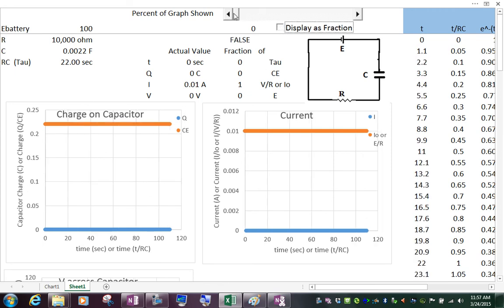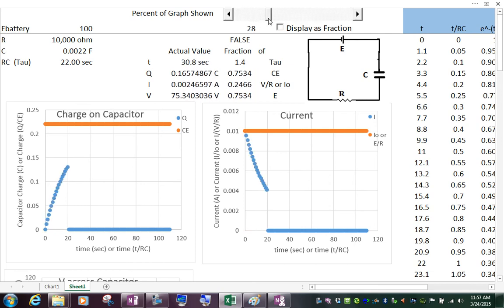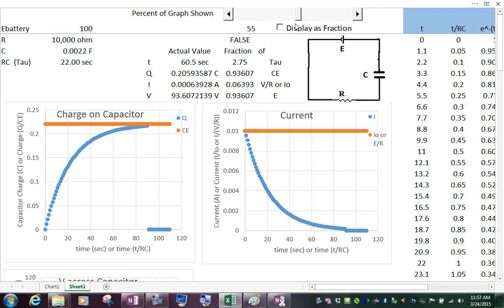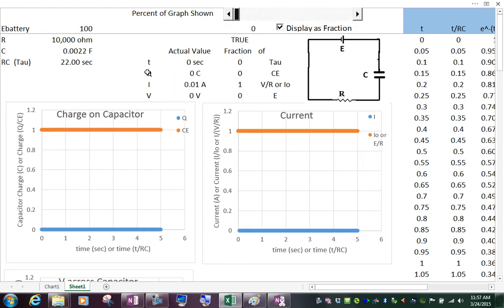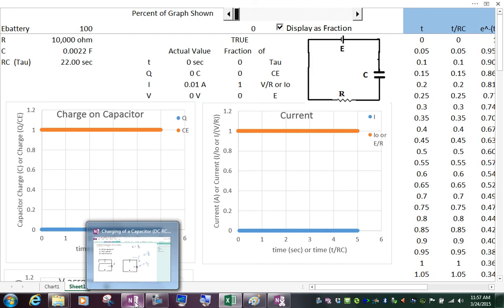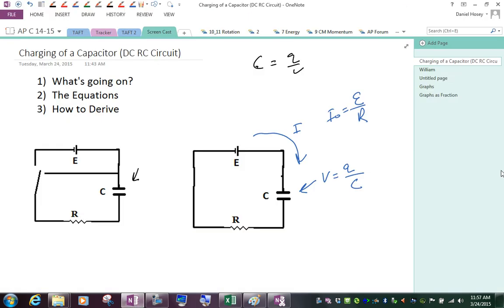Now we can display it as raw values as the capacitor charges up, or you can display it as a fraction. The reason we can display it as a fraction is that the amount of charge the capacitor will ultimately end up with is the same as the charge it would have if you connected it directly to the battery and let it charge up.